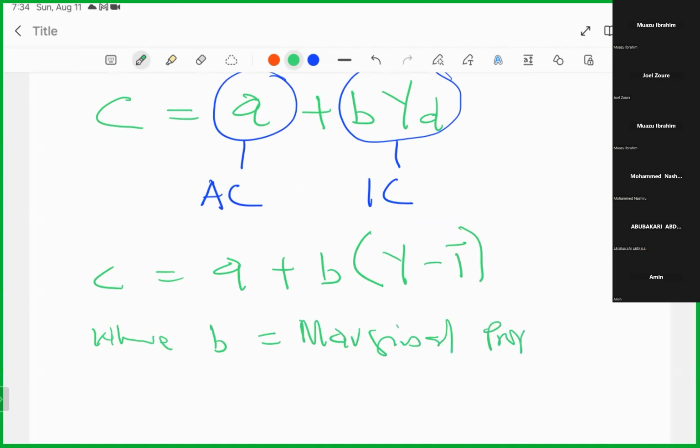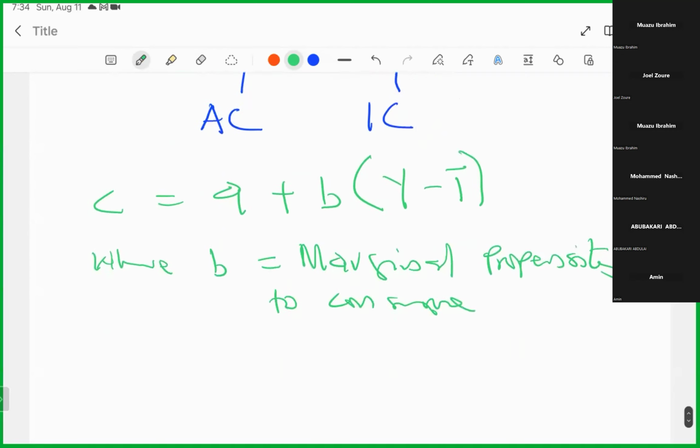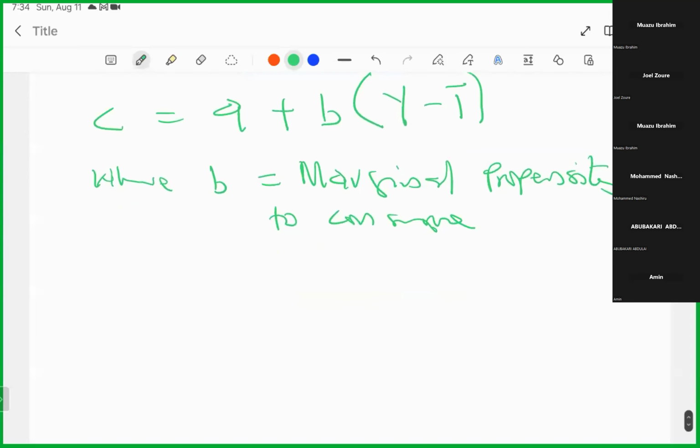It is the extra consumption that you make when your income increases by 1 cedi. That's the marginal propensity to consume, which means that a complete GDP function is this one.